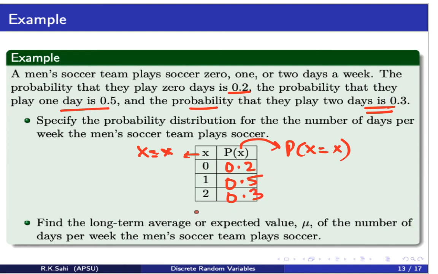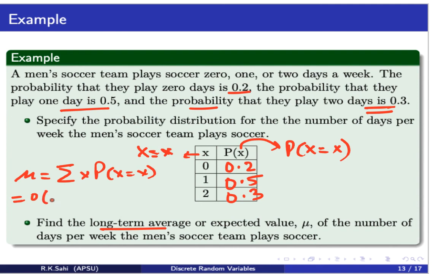Okay. Now, what is the long-term average or expected value of the number of days per week for the men's soccer team player? It's very easy. We can actually do it by hand here. So what we're going to do is say, okay, mu is that formula, remember? It is the summation of x times probability X equals x. So this x can be 0, 1, 2.